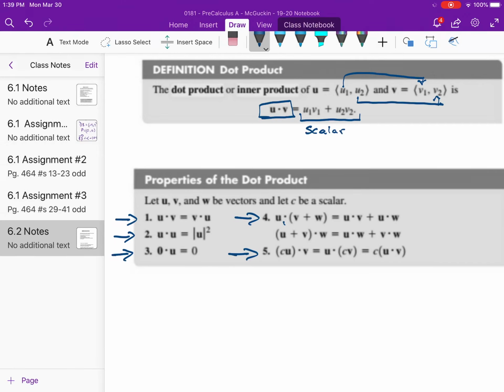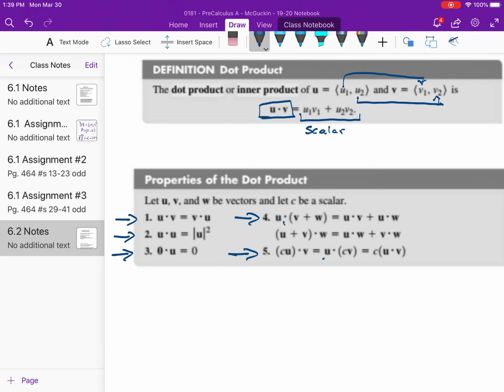And last but not least, if we take a look at our property with a scalar, c times u dot v would end up being the exact same thing as u dot c times v instead.